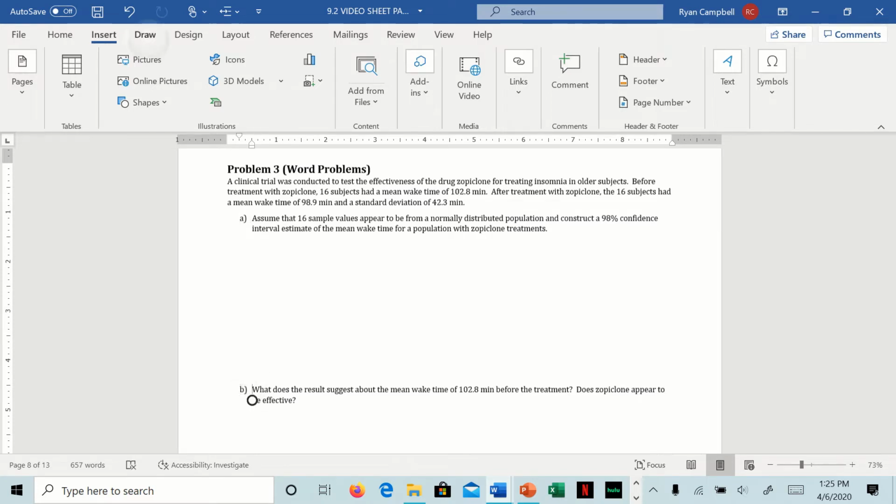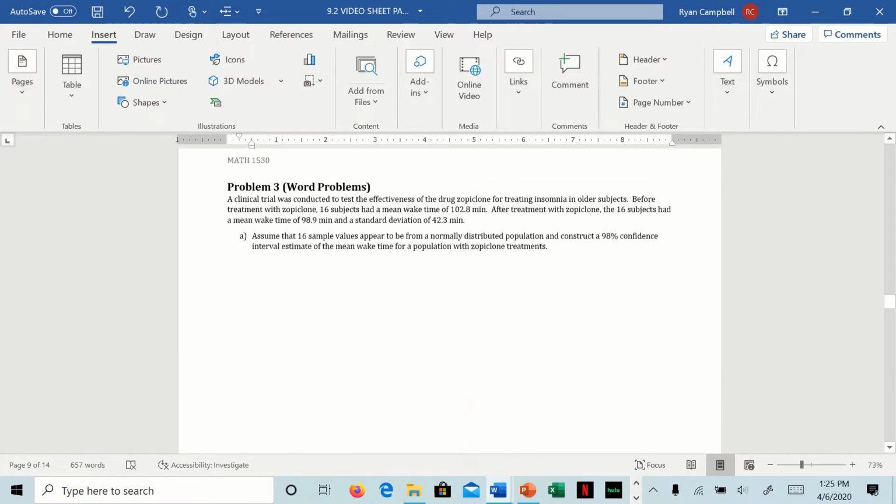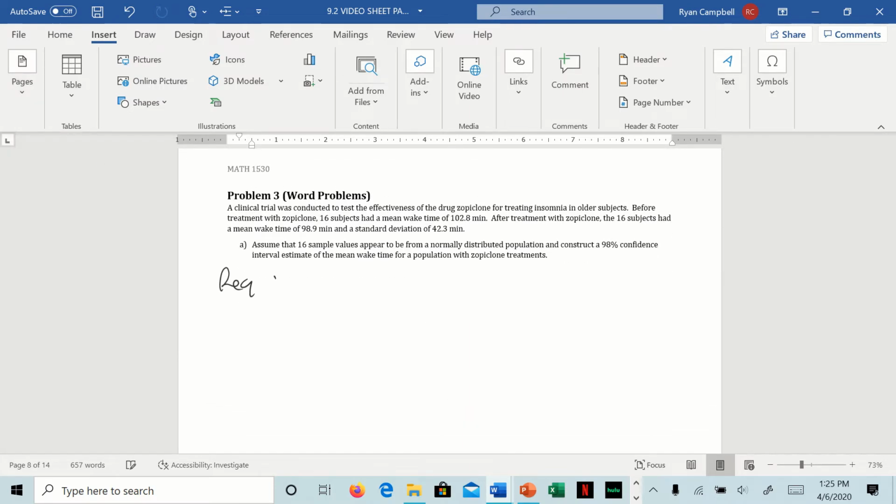All right, so let's look at the requirements. Does it meet the requirement? Well, the sample size is not bigger than 30 this time, right? It's only 16. But it does tell us it's from a normally distributed population. So the population is normal, so we're all good.